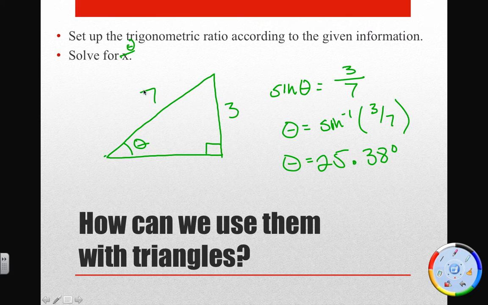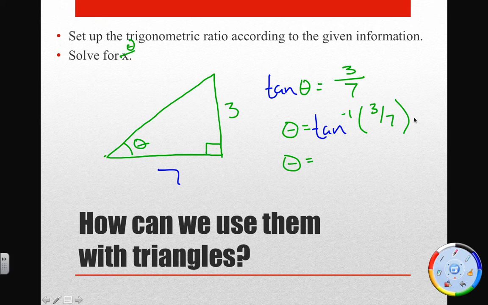So let's say this 7 wasn't there, but it was actually here. Well, now I have opposite and adjacent, which doesn't say sine. That says to use tangent. So that means tangent of theta is 3 over 7.